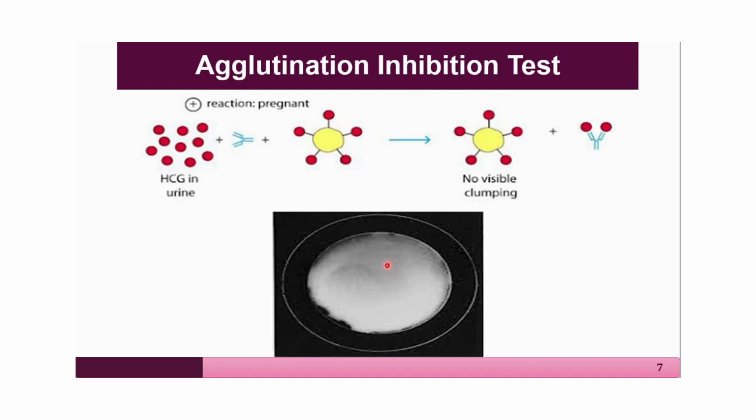Since the reaction is a reverse type of reaction, where the HCG that is present readily binds the antibody, therefore latex beads will not be agglutinated by the antibody when they are added, and therefore this reaction is called agglutination inhibition reaction.